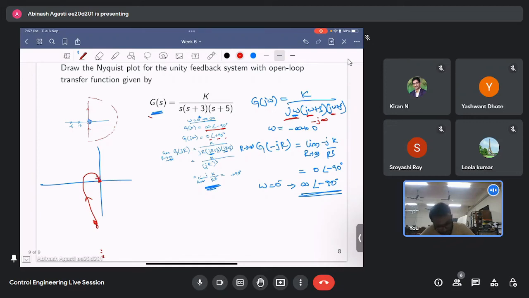And for this minus infinity, what do we have? Where is minus infinity? 0 at minus 90 degree, from this direction to infinity. Okay, sorry, I think I messed up somewhere.